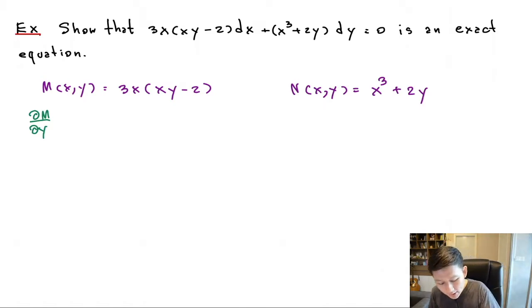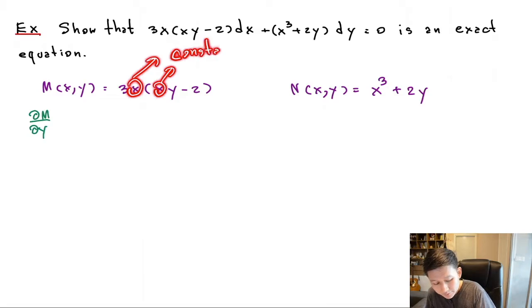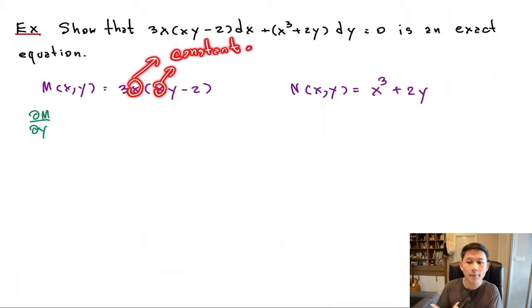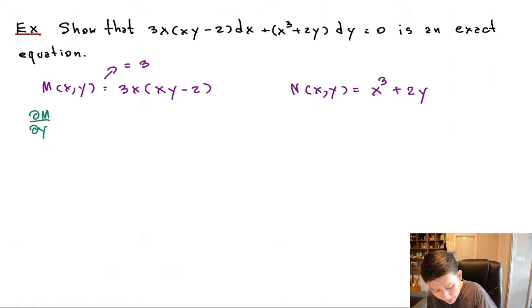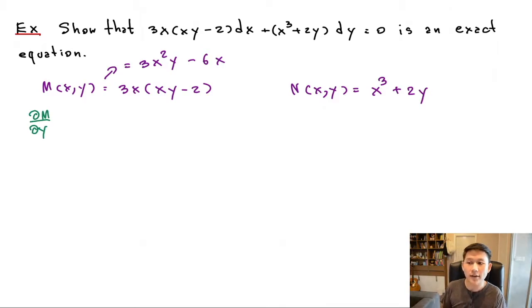You look at this x here as a constant. So to find the derivative of this, can I write it like that? 3x squared y minus 6x. I just write it like that so that it's easier to find the derivative.